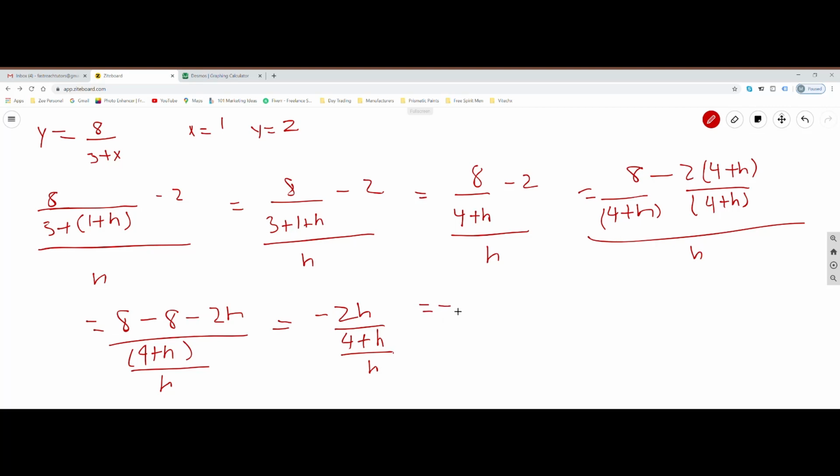So we can do negative 2h, 4 plus h times 1 over h. Cancel the h, so we have negative 2 over 4 plus h, equal to negative 1/2 when h is substituted as 0.